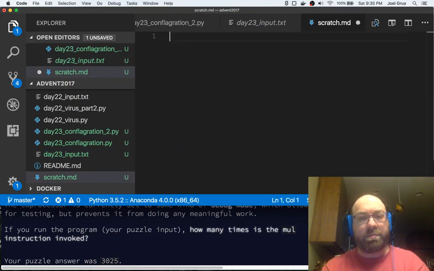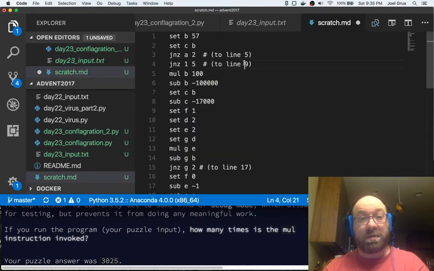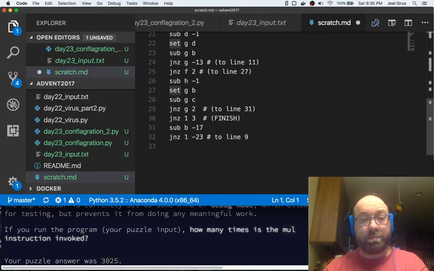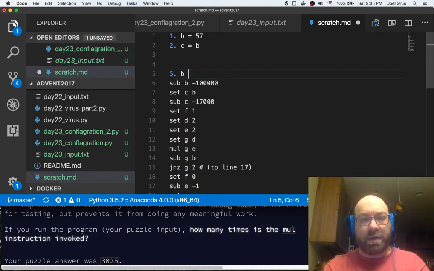All right, let's try this one more time, because I screwed it up once again. Okay, so B equals 57. C equals B. Definitely do this. B equals B times 100. B equals B plus 100,000.